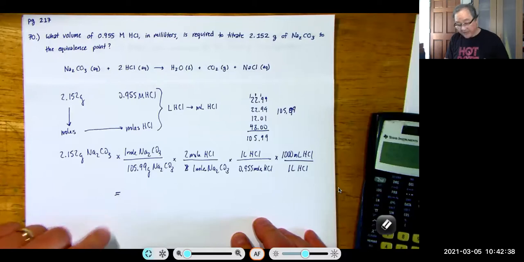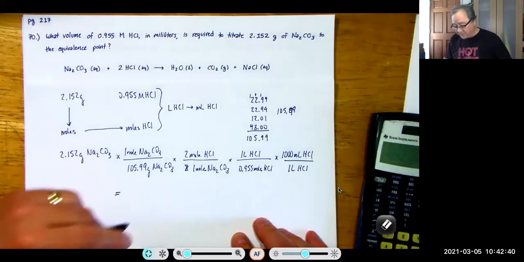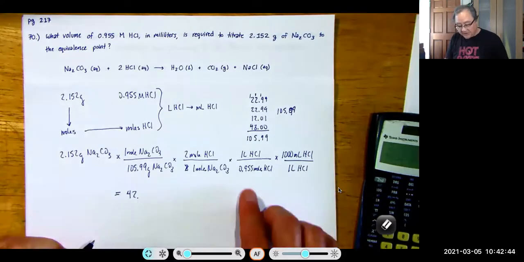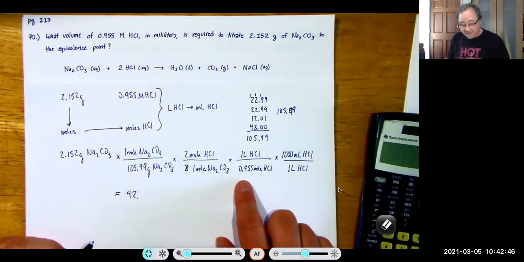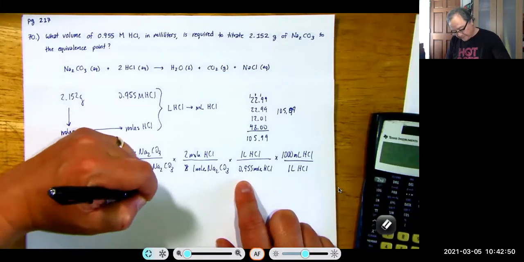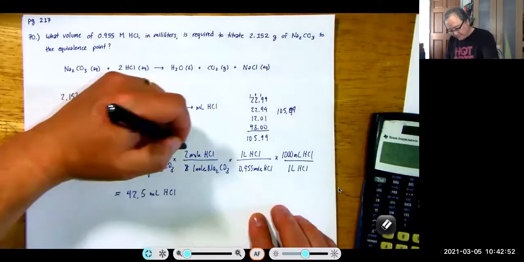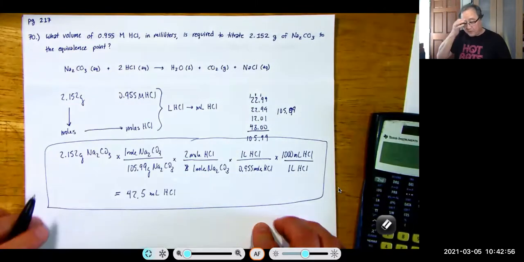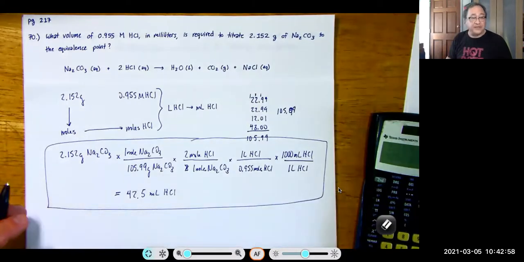Oh, my estimate wasn't that far off. I got 42.5. And we're limited to 3 significant figures because it's 0.955. So that's the kind of work you would be expected to see for this titration.